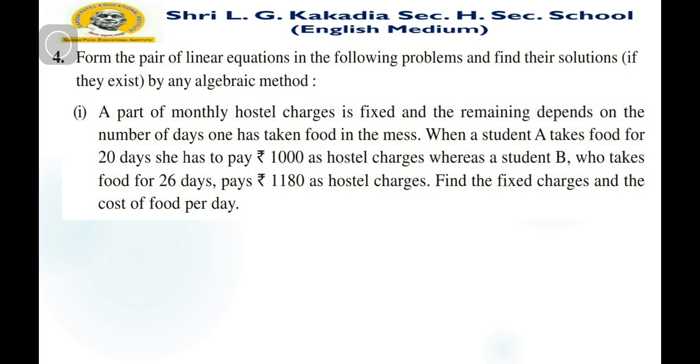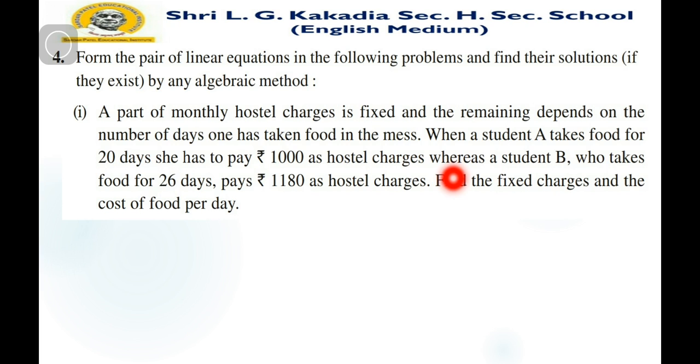So here we have to assume two types of variables. First one is the fixed rate, the cost of one day of food, which we take as x, and the per day charge we take as y.